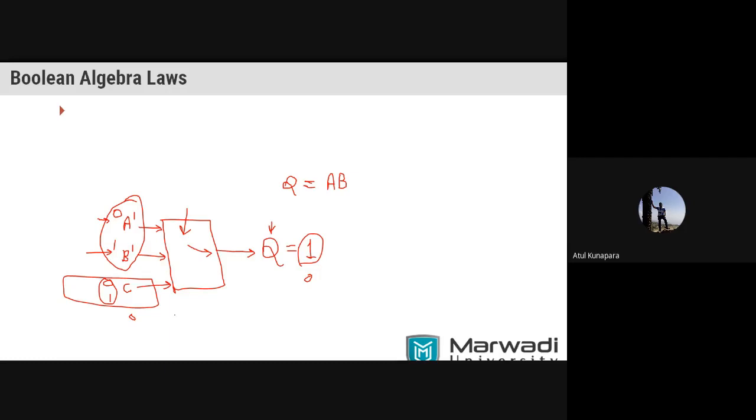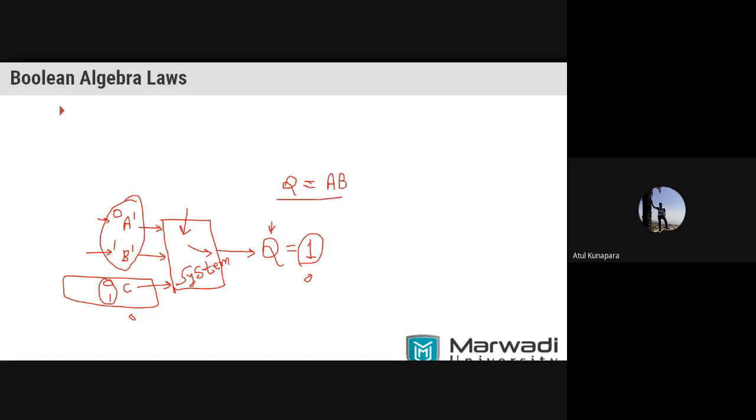I hope you're getting it. What I need is, I want to develop a system. This is my system I want to develop. And that system performs what? It will check your input, and based on the input availability, it will decide what output Q should be.